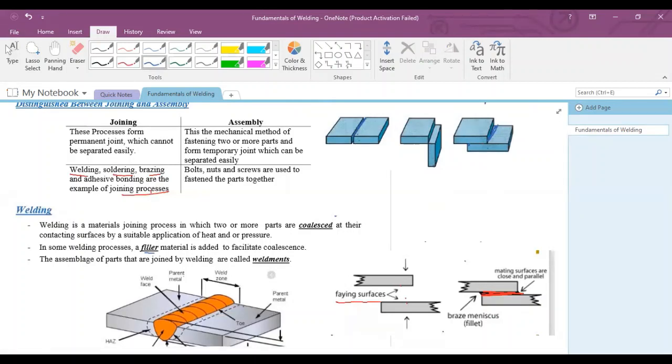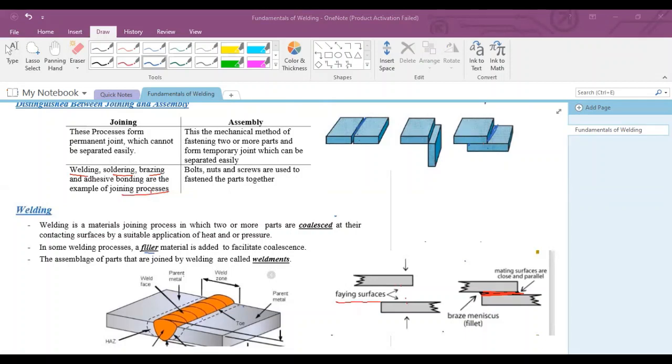What is welding? Welding is a material joining process which is used to assemble two or more parts permanently by the application of heat, or sometimes with pressure. Many welding processes are accomplished by heat alone, like fusion welding.